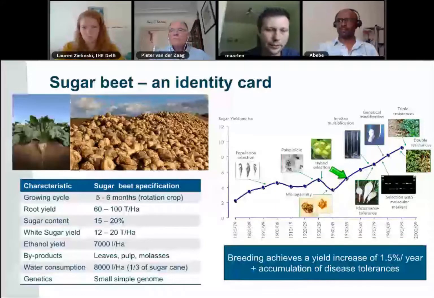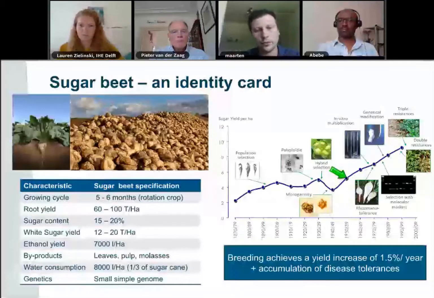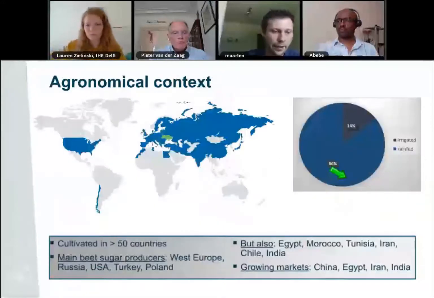So that's the progress that we make, and we still achieve a sugar yield increase of 1.5% per year. And more in the last decades, we combine this increase with bringing in more and more disease tolerance to a multitude of diseases that our crop encounters.